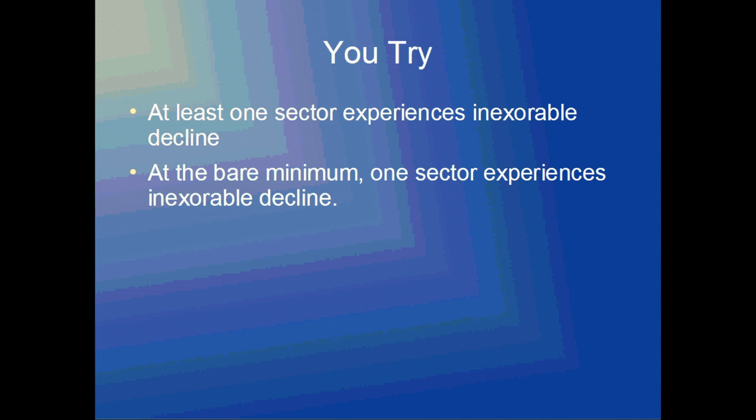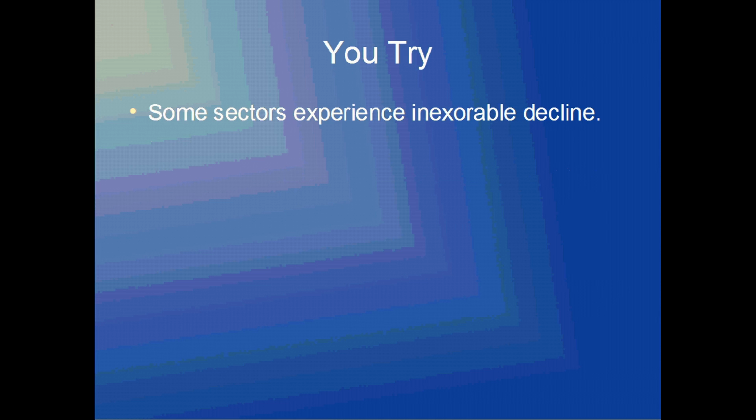So at least one sector experiences inexorable decline, or at the bare minimum, one sector experiences inexorable decline. Again, if you can only think of one sector that experiences inexorable decline, then these are the ways that you want to express that. But if you can think of two or more, then you want to say some sectors experience inexorable decline.